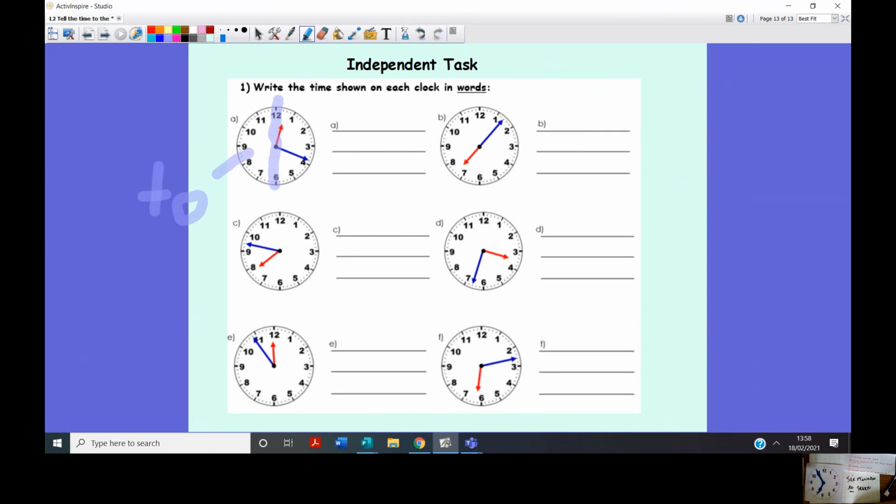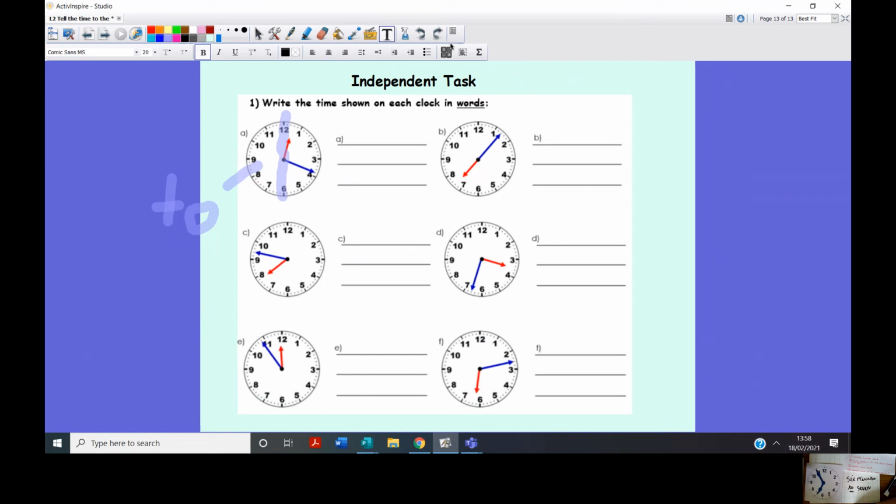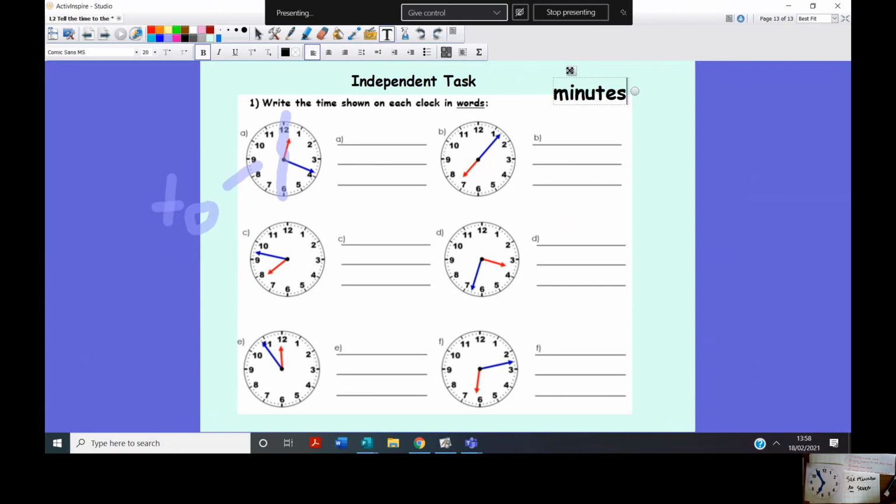That's your magic halfway line. I'm also going to write the word minutes here, because I had a lot of children yesterday who kept on spelling minutes wrong. This is how we spell minutes. This is how I want to see minutes written in your work.